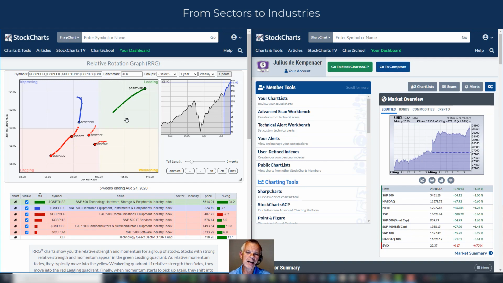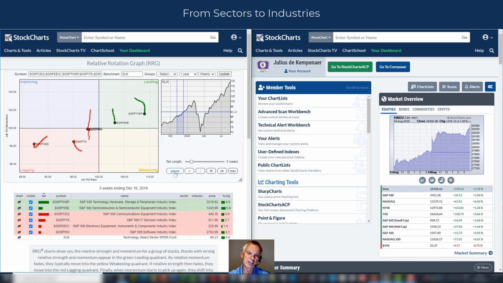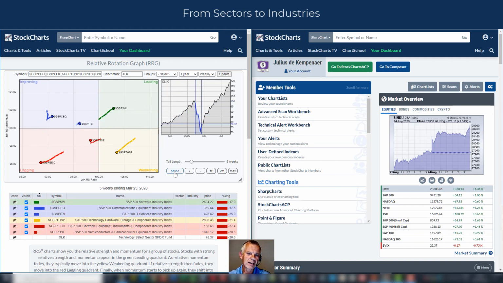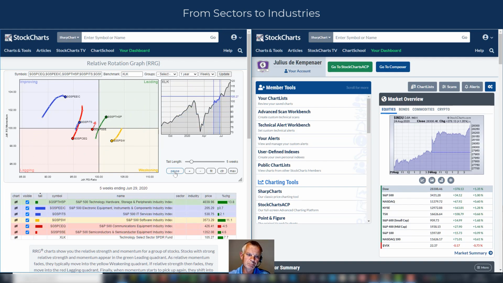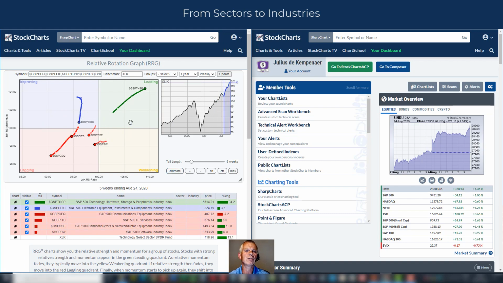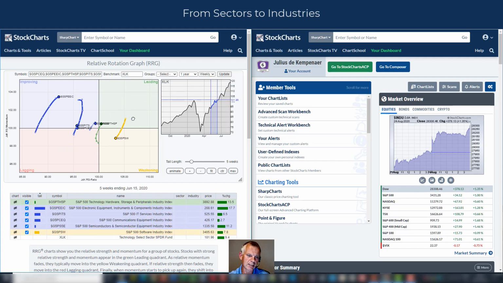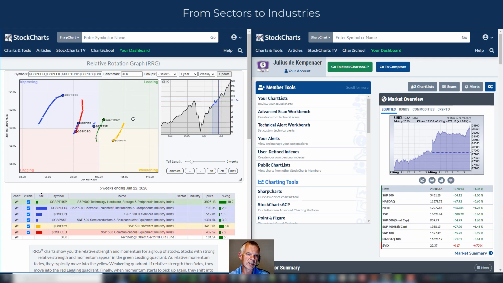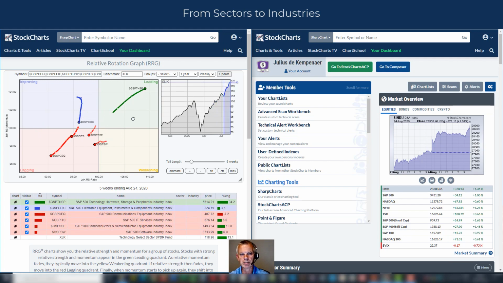If you look at how that went over time, because you can actually animate this like any other RRG, you see that it behaves pretty normal until the last few months when COVID-19 hit the markets and everything that's happening in the world, and you see that Apple starts to take off together with a lot of other mega cap stocks, and it's pushing everything down.